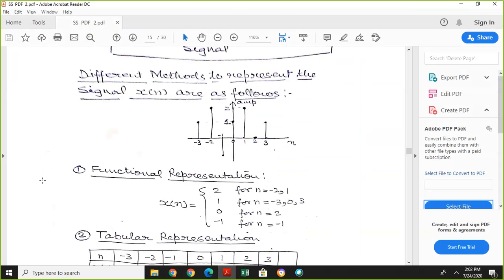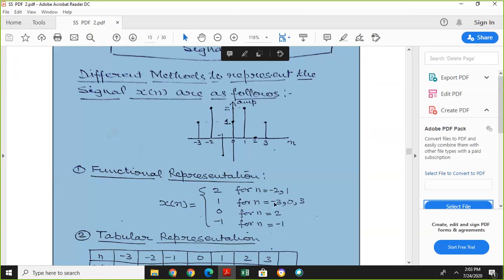First method, functional representation. In functional representation, x of n, first we write all the available amplitudes. Here 2, 1, -1 and 0. The value of x of n is 2 when n is 1, and when n is -2 the value of x of n is 2.